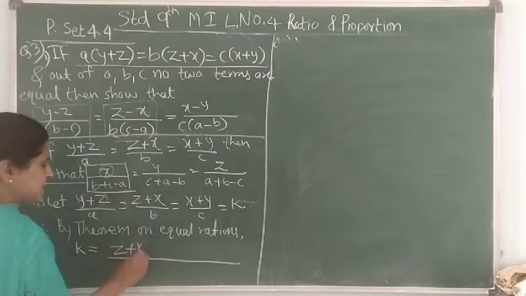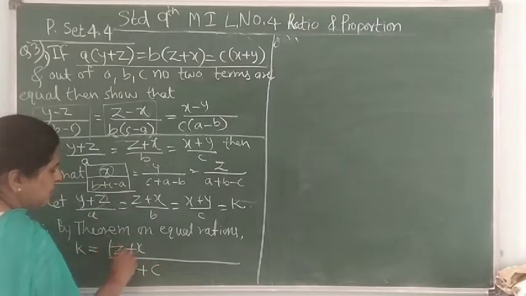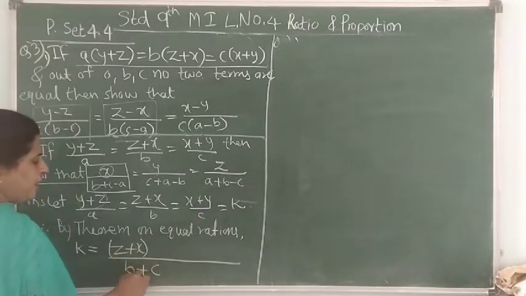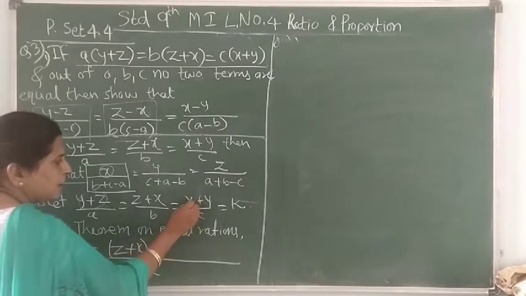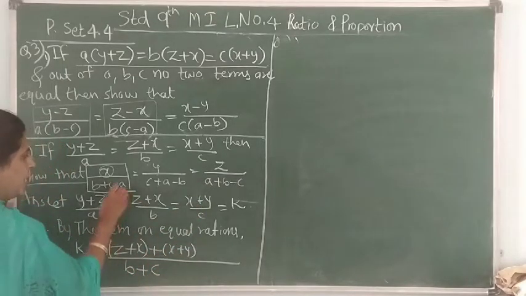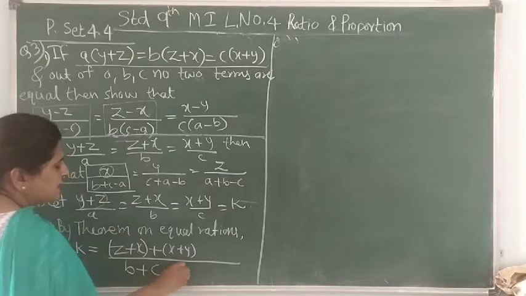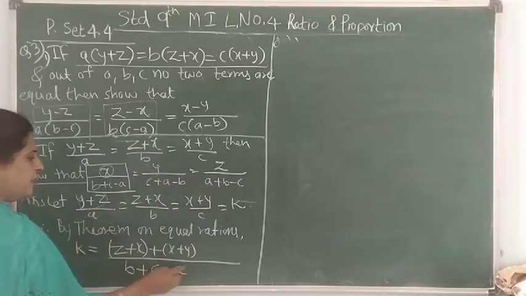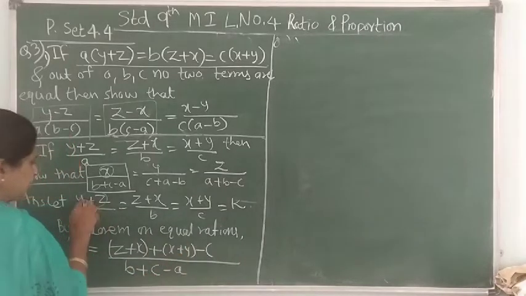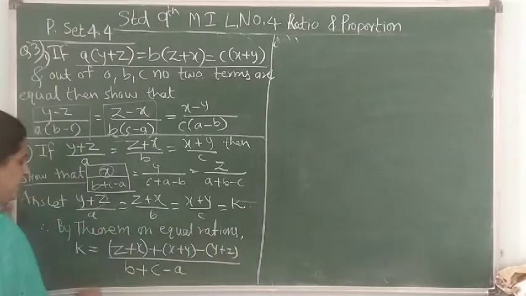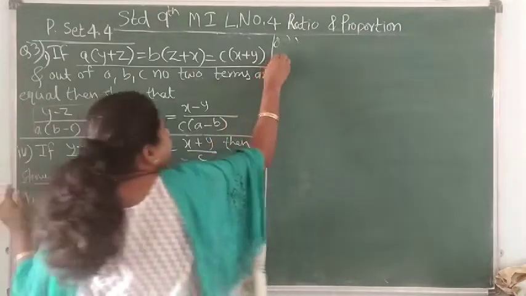If I want plus c, c is the denominator of the third ratio. If I am adding c here, I should add the numerator x plus y, and then minus a. I am subtracting this denominator of the first ratio, so I need to subtract its numerator also, y plus z. So that's why we can write it further.